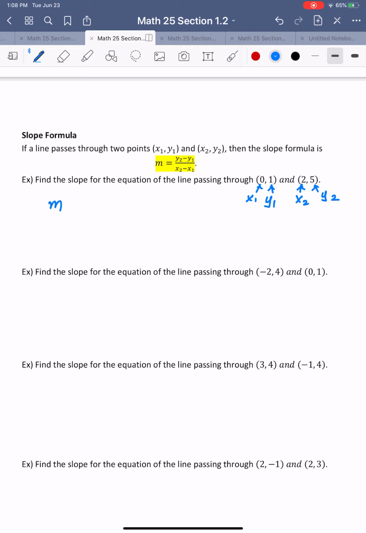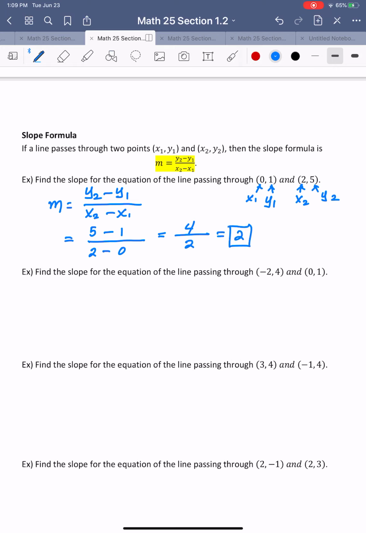To find the slope, we subtract the two y's from 2 to 1, and subtract the two x's from 2 to 1. So y sub 2 is 5, y sub 1 is 1, x sub 2 is 2, and x sub 1 is 0. I got 4 over 2, and simplifying, the slope is 2.